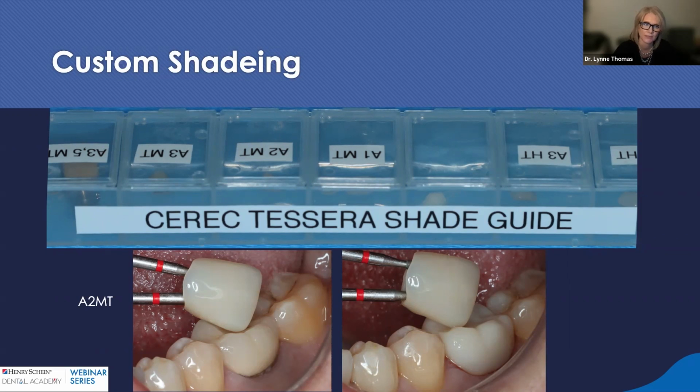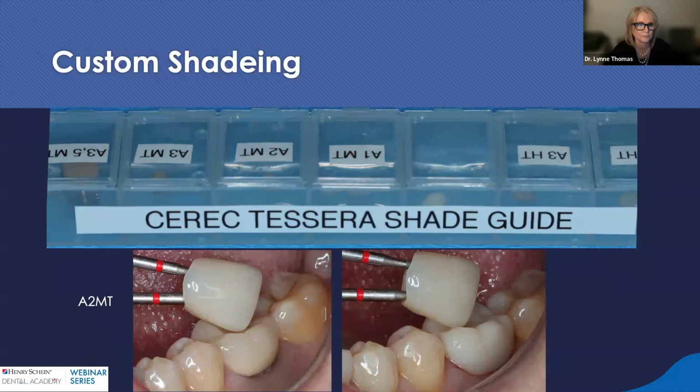That way we really get a good sense of how we're dialing it in. On this bottom left, that was the pre-op photo of a PFM. Number one, the patient was happy with the color of this tooth, and we said, okay, this looks like a good match. And then you can see the seated restoration there. It's pretty much exactly the same. It's really hard to tell the difference.